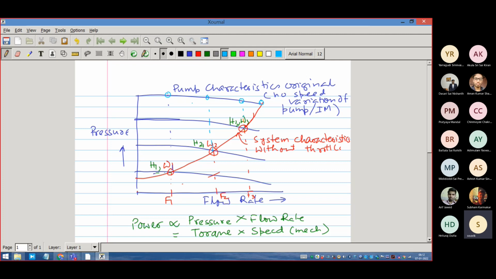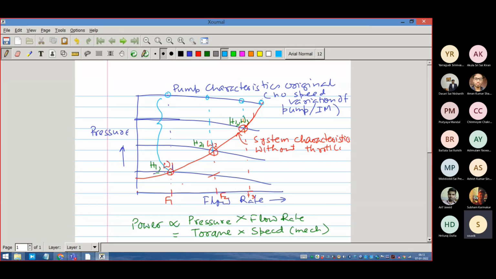So how much is the power? Power is this into that, right? So power wise, this is the product of this head difference. I'm just talking about power saving. So power saving is a pattern which is the product of this into this. There is no power saving corresponding to this point, because this is anyway intersecting the original pump characteristics.